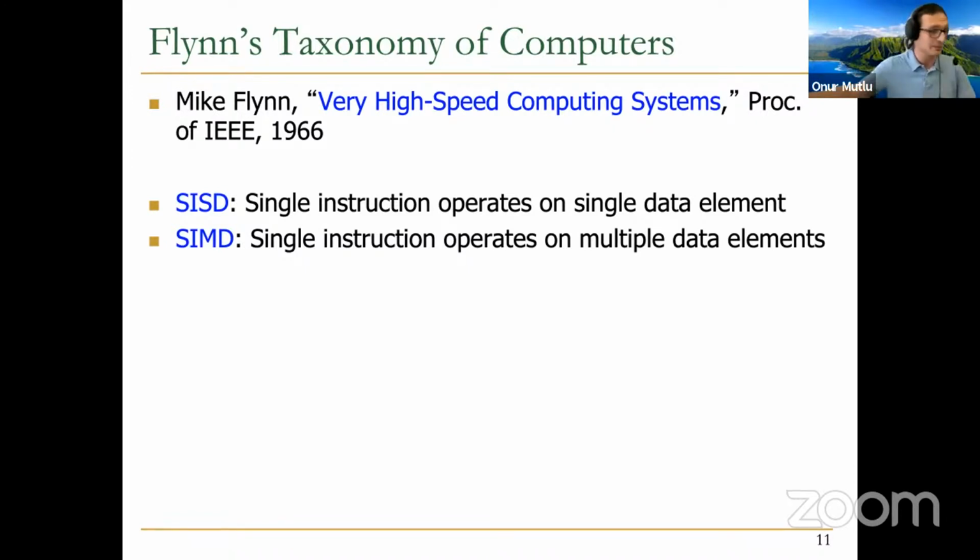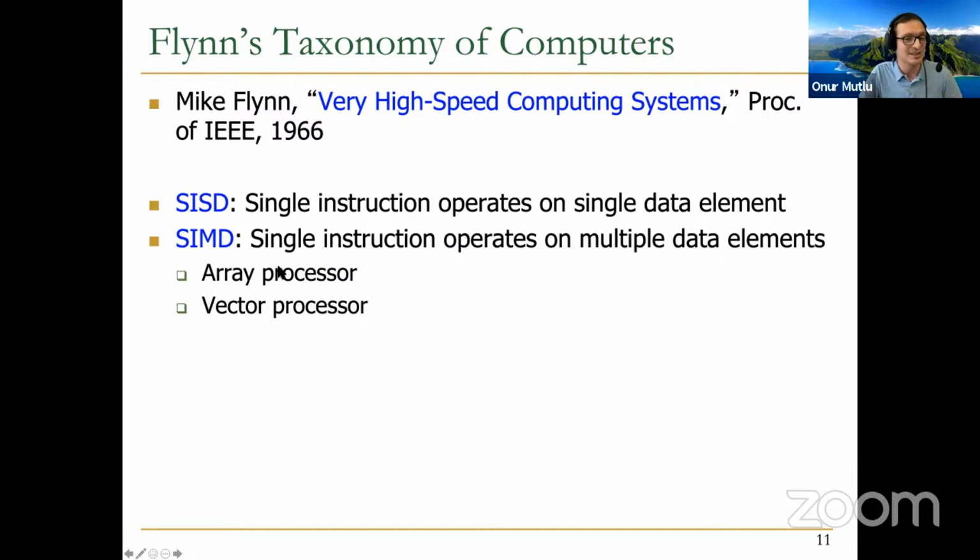It could be 1 million pairs of elements if you're adding two 1 million element vectors, for example. So this could be very powerful, as you can see, because a single instruction specifies many operations without actually encoding the instruction many times.